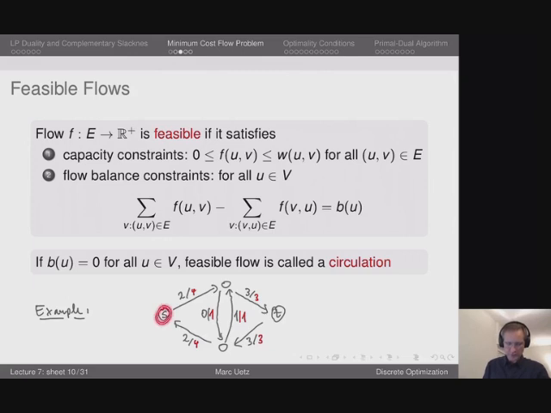So for the source node S, that would be 2 units going out of S, 2 units going into S. If you look at this node here, there is 2 plus 1 going into that node, and there is 3 going out of that node. Same for the target, 3 in, 3 out, and so forth. And even though there is no production or consumption happening in this network, there is a non-zero flow.